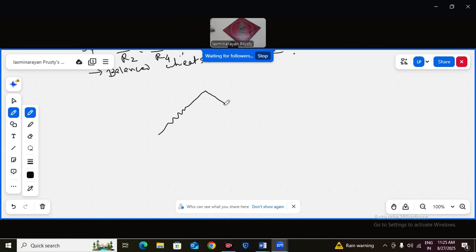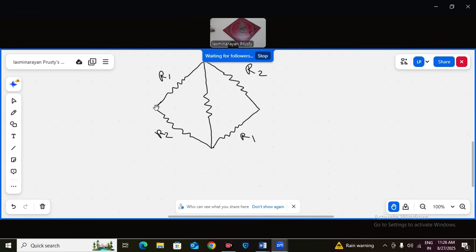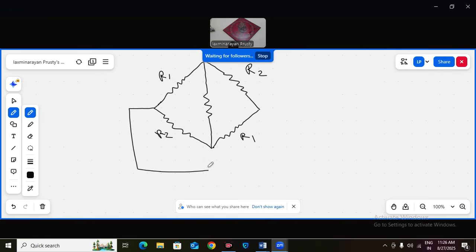This is R1, R2, R3, R4, you call this R1, this is R2, R1, okay, and there is an EMF source with a switch.